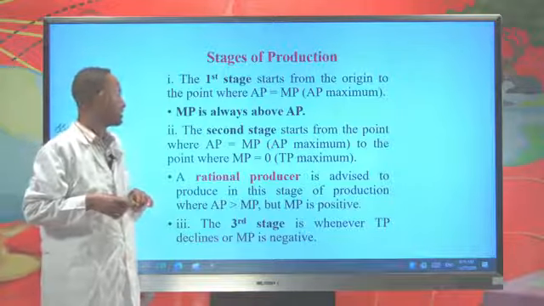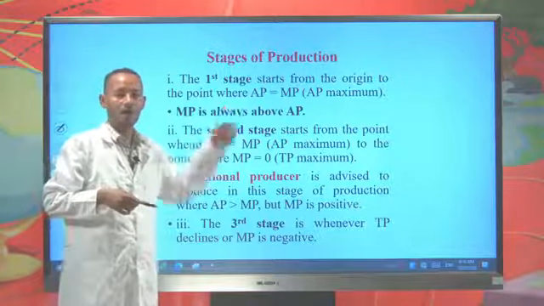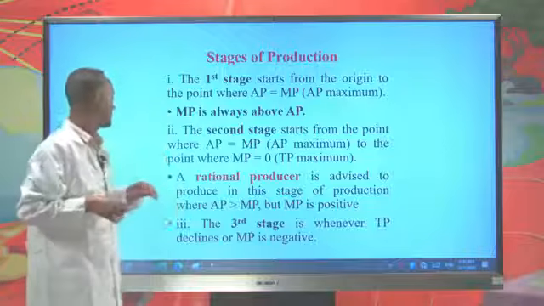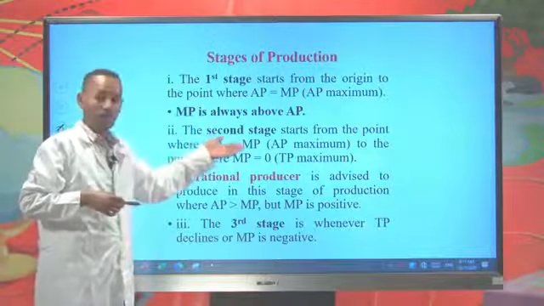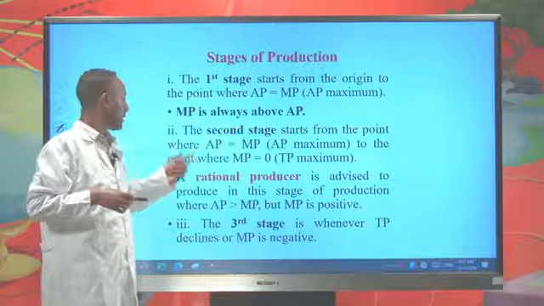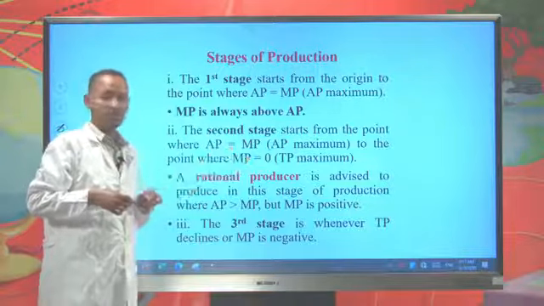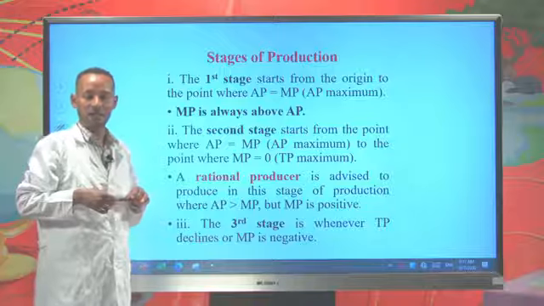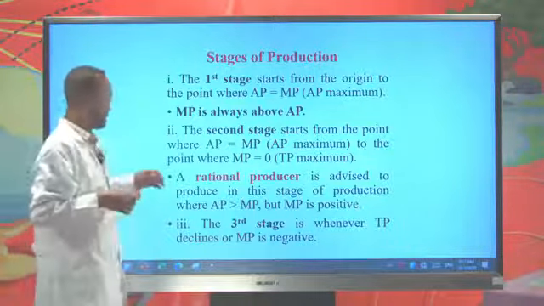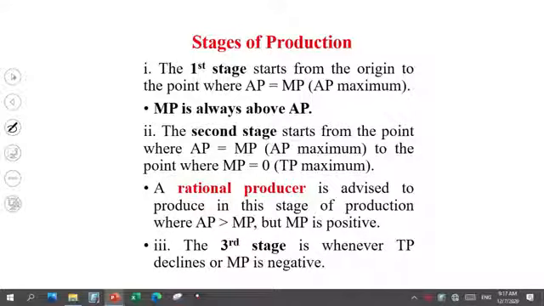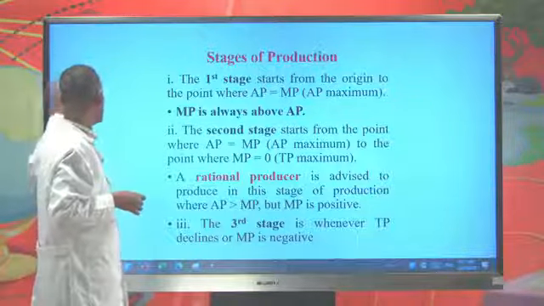And in the first stage of production, MP is always above AP. The second stage starts from the point where AP equals MP to the point where MP is equal to 0 or TP is maximum. This is a stage where a rational producer is advised to produce. And the third stage of production is whenever TP declines or the marginal product of the variable input labor is negative.